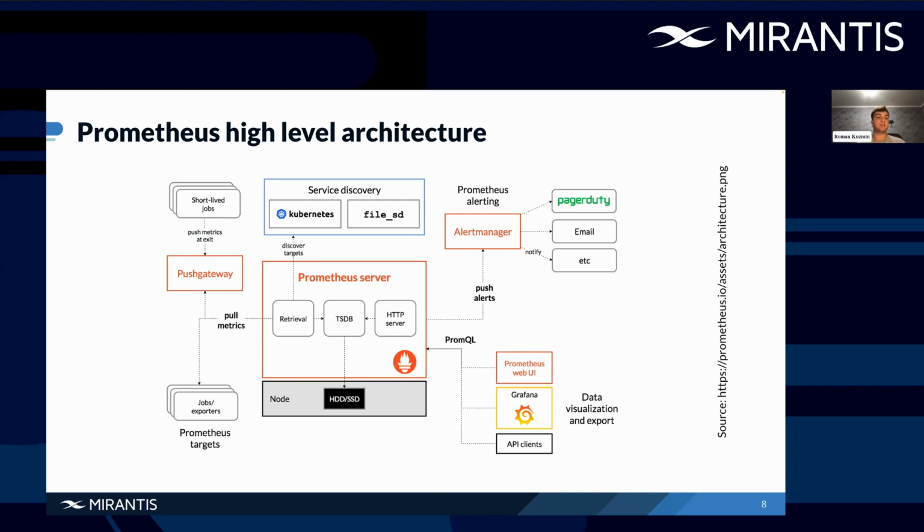This part does not live a long life. It just does something and then the control plane kills it after it's done. The job needs just to push metrics to the push gateway, and Prometheus will pull those metrics from the push gateway.